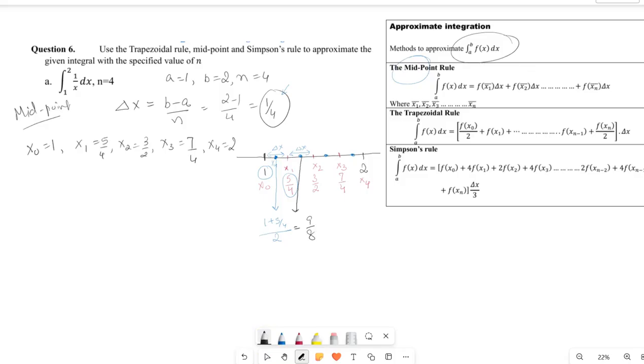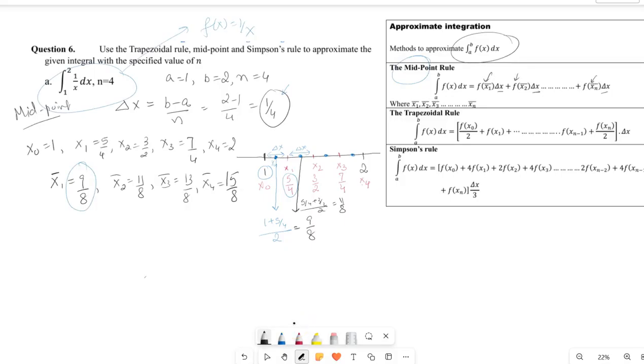Similarly, we can find this by adding 5 by 4 and 3 by 2 and dividing by 2. That will give you 11 by 8, and so on. So this midpoint is written as x1 bar, that's 9 by 8. x2 bar is 11 by 8. Similarly, (3 by 2 plus 7 by 4) by 2 is x3 bar, which is 13 by 8. And x4 bar will be 15 by 8.